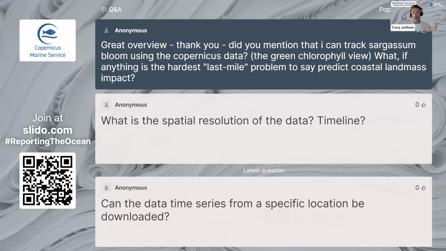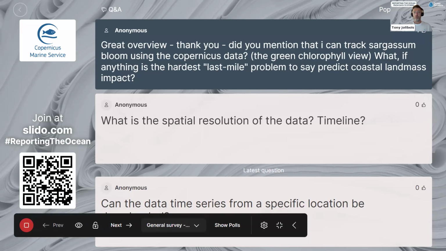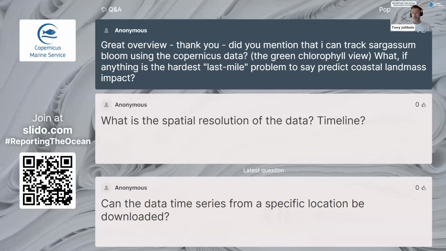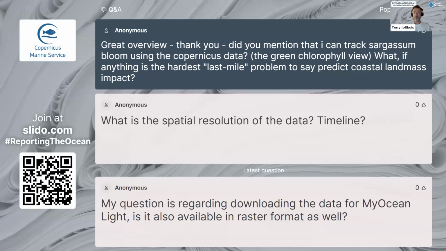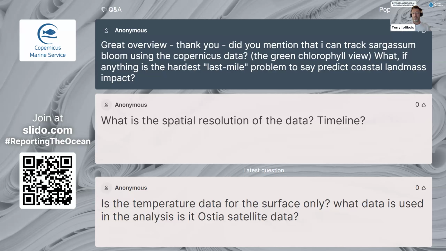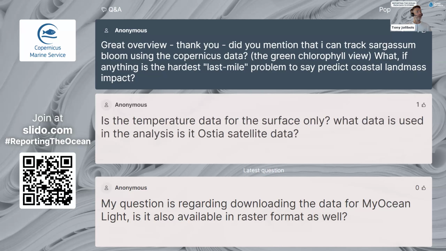It covers the Caribbean Sea and gives you an index of sargassum monitoring. So that is definitely a very good product for you to use instead of just seeing the chlorophyll view, which gives you access to the phytoplankton data.